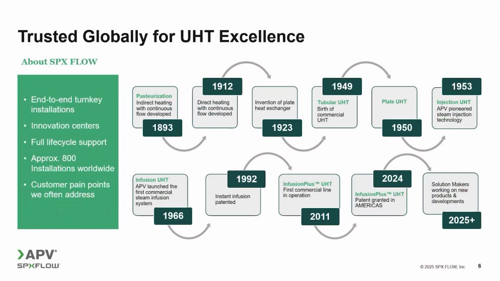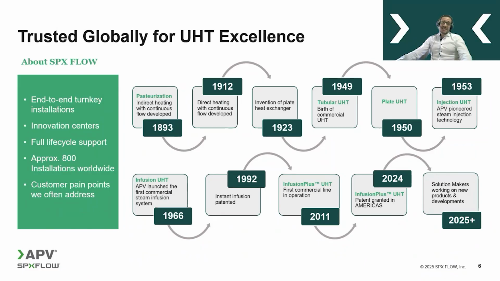This timeline shows over 130 years of innovation in heat treatment, from early pasteurization to today's most advanced UHT systems. But one milestone stands out, and that is in 1949, the birth of the tubular UHT systems.